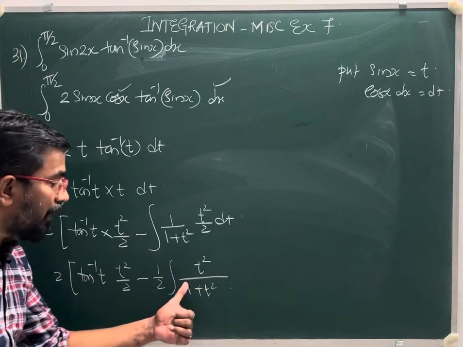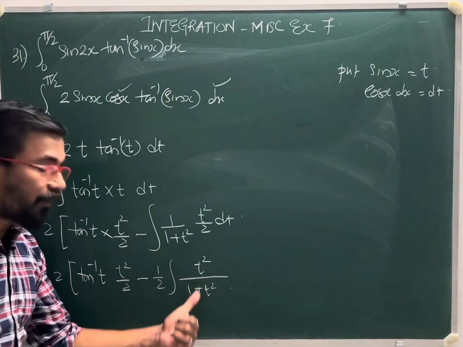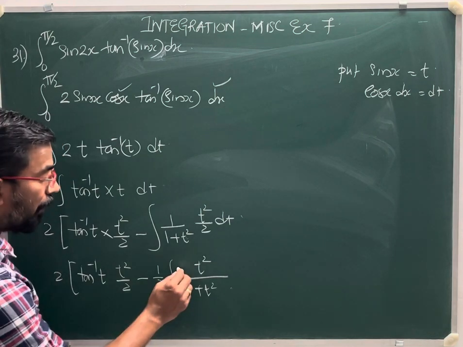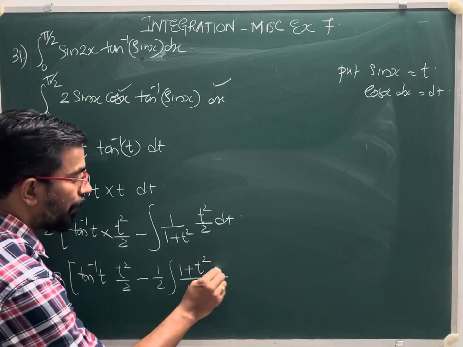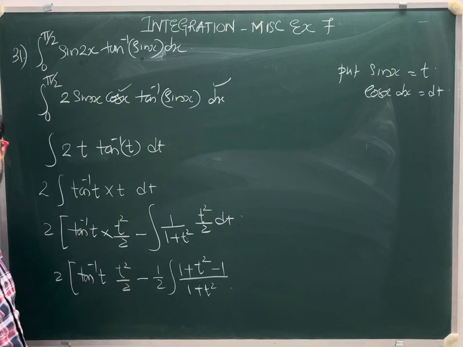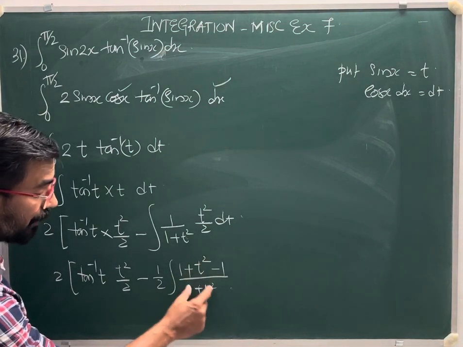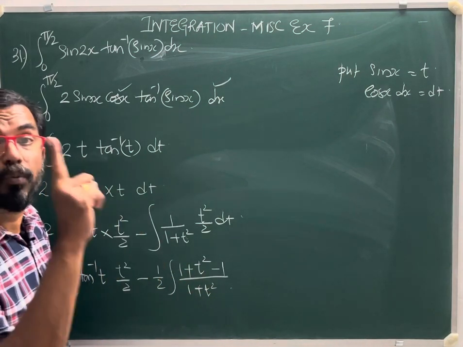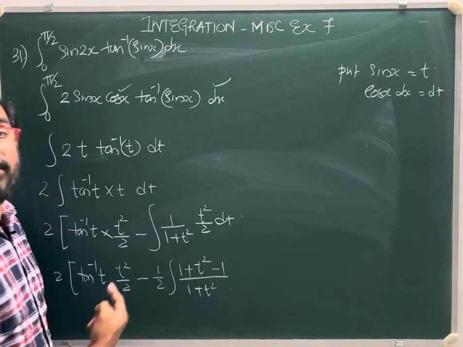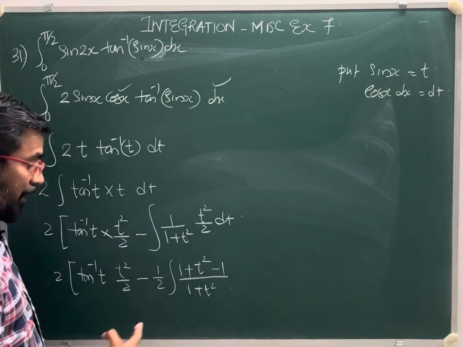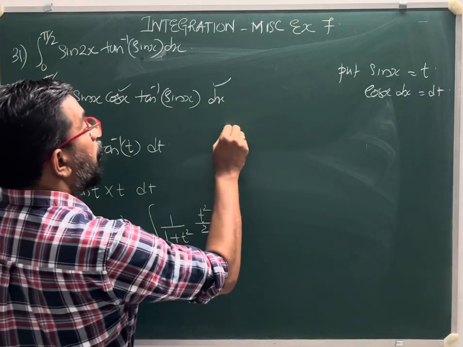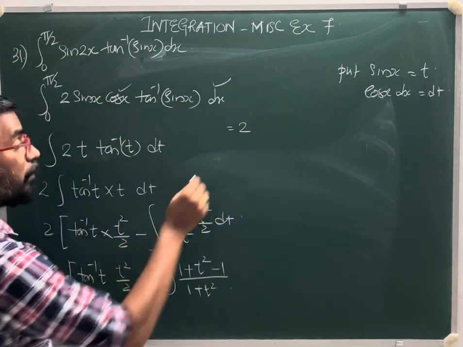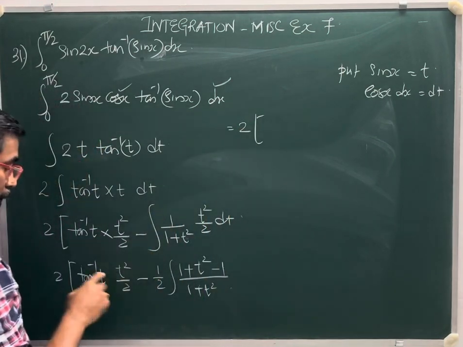We will do a little adjustment here, both are of the same degree. So what we can do is, we will put 1 plus t square and minus 1, adding and subtracting a 1. So I can separately write 1 plus t square by 1 plus t square is 1, minus 1 by 1 plus t square. I will separate it and write. So this will become 2 into bracket, 2 is for the whole function.